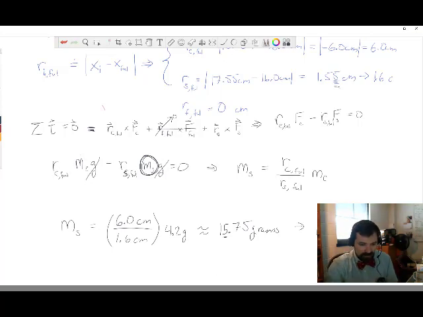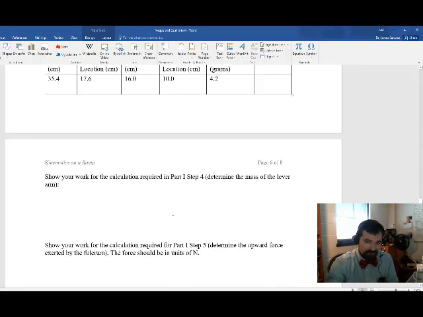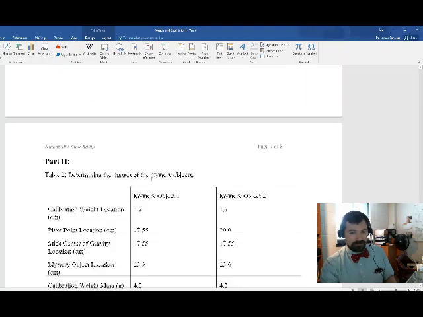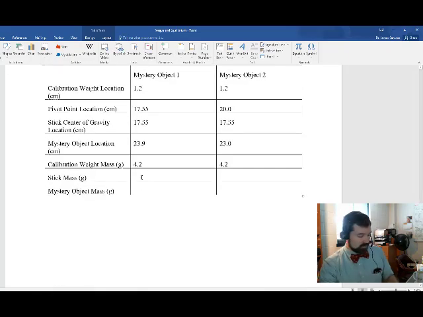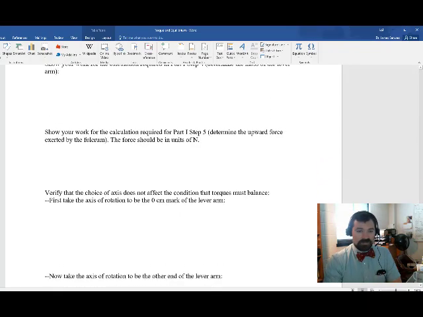So we've shown our work for this part, and we've come up with a mass of 16 grams here. Again, the stick's mass shows up down here. It also says 16 grams in both cases.